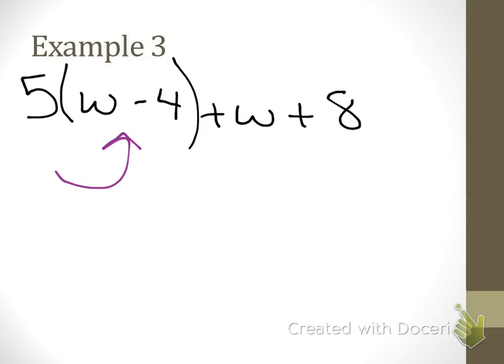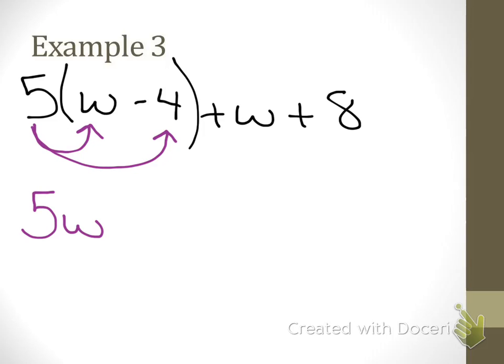They're not like terms. So I can apply, and this is where your number properties will come into play, the distributive property, and I can take the 5 and multiply it by every term within the parentheses. 5 times w will be 5w, and 5 times negative 4 is what? Negative 20.